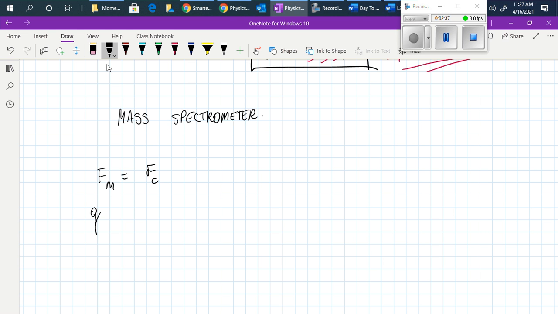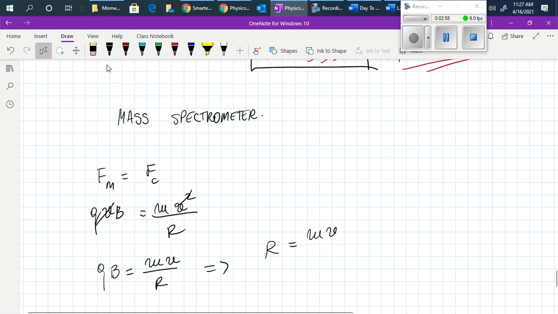Magnetic force is QVB, and centripetal force is mv squared over r, so the v's cancel, and we end up with QB equal to mv over r. So r is mv over QB. If the mass is changing, then the radius will change as well. If the mass is greater, then the radius will be greater.